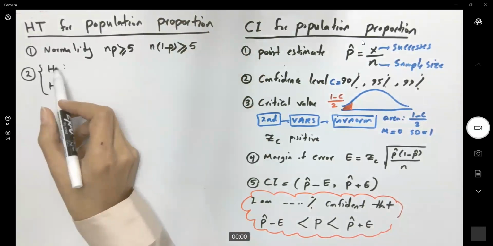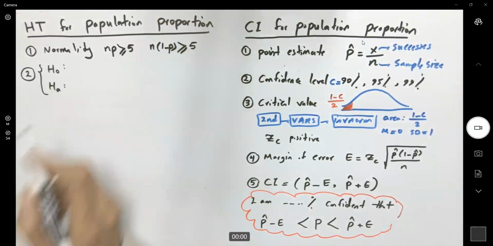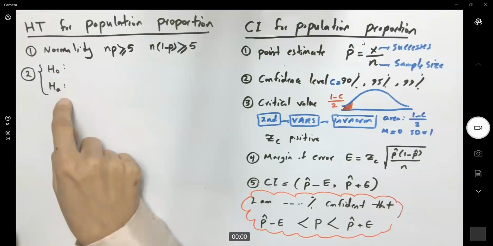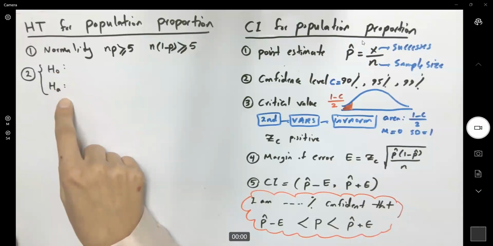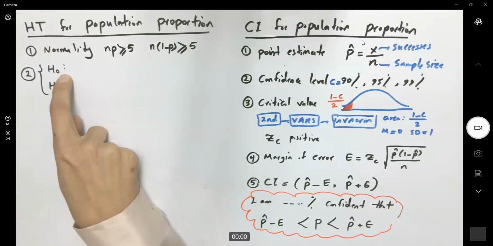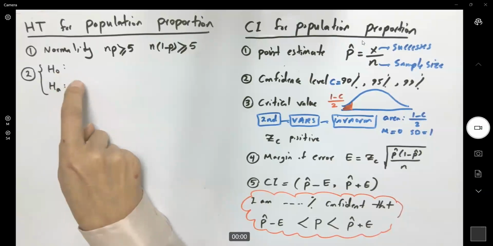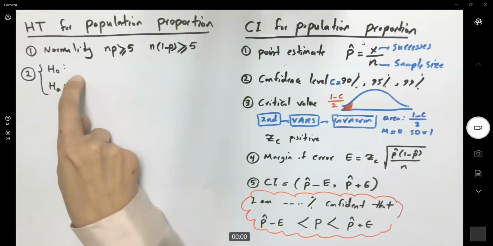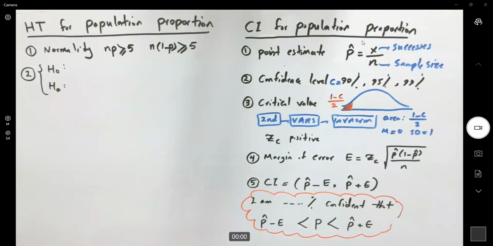What is the null hypothesis? What is the alternative hypothesis? One of these is going to be given in the question, and you're going to build the other one. Sometimes the null hypothesis is given in the question, and you're going to construct the alternative hypothesis. Some other times, the alternative hypothesis is given to you, and you're going to build the null hypothesis. So what are the key words?